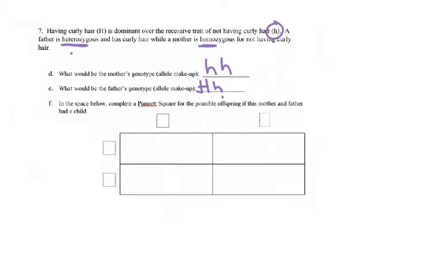In the space below, complete a Punnett square for the possible offspring if this mother and father have a child. So we'll put mom here. And we'll put dad here. Mom, we say, is hh. Dad is capital Hh. Now I just match them up.